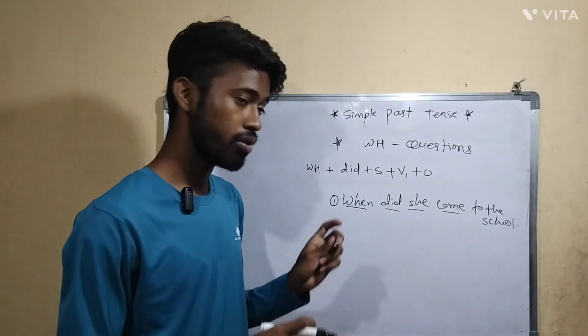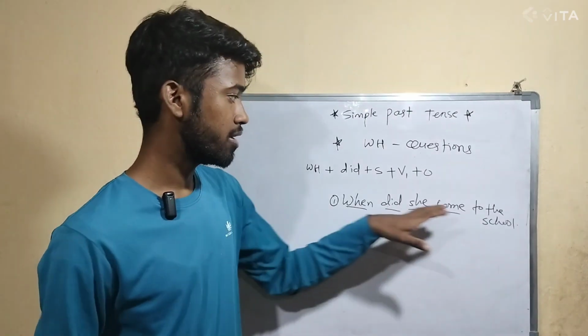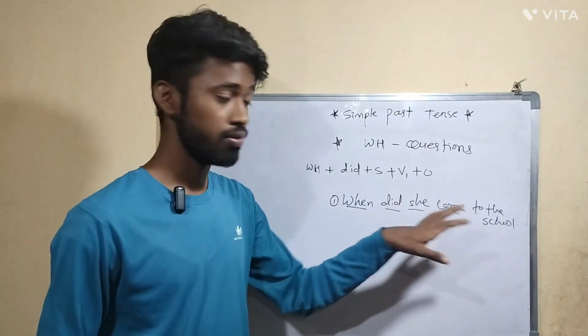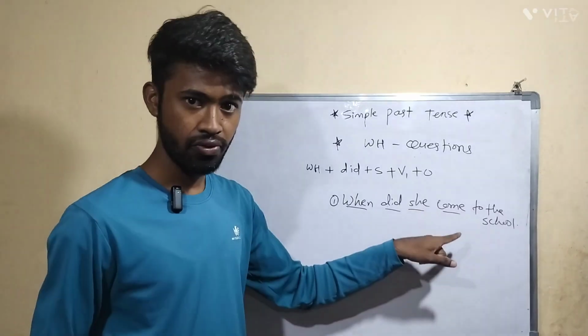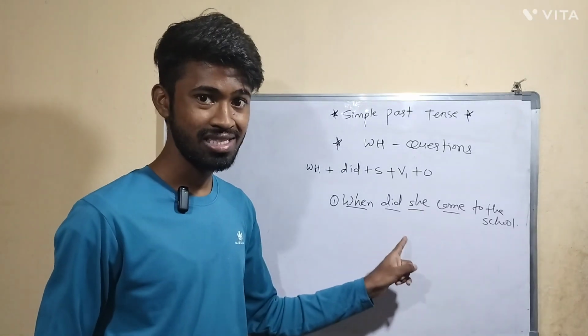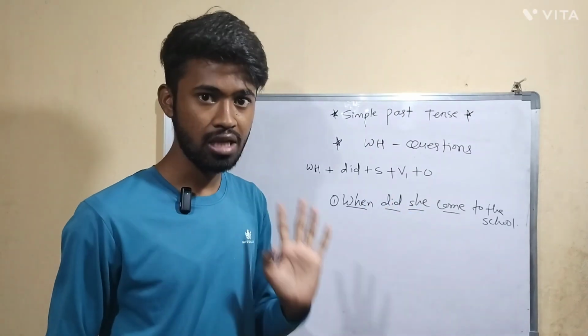That's how we frame the WH question. So here, what is the question? When did she come to the school? Here, first form of verb, you have to remember that because did is there. Whenever did is there in any sentence, you must use the first form of verb. That's the rule you have to remember.